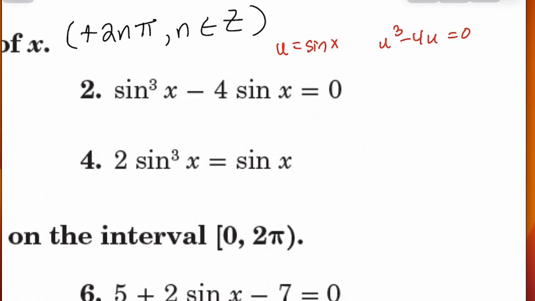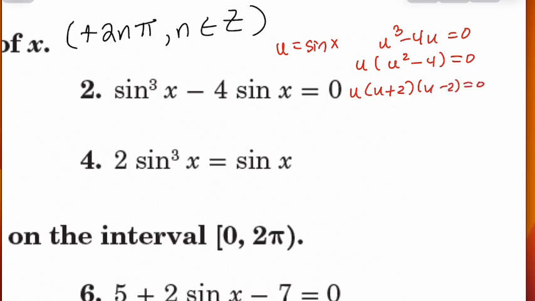Is it factorable? That is what you really want to ask yourself. Once it's equal to 0, check for a greatest common factor, and check to see if it's factorable using any rules we've got. They both do contain a u, so that would be my first step. Now, if you recognize that u squared minus 4 is factorable because it's the difference of squares, I do like to show that.